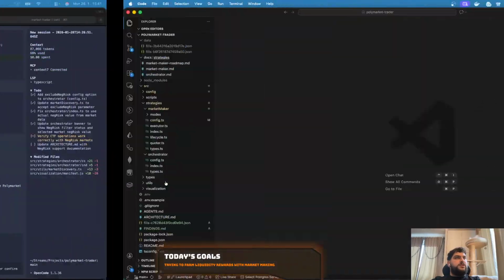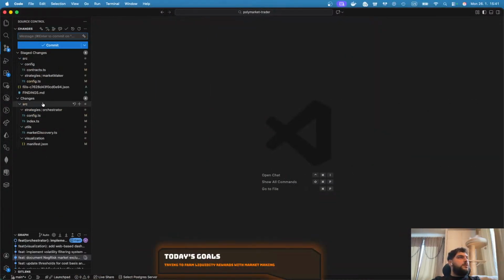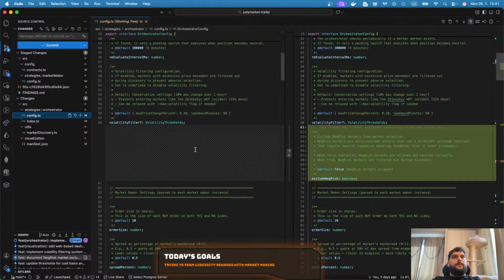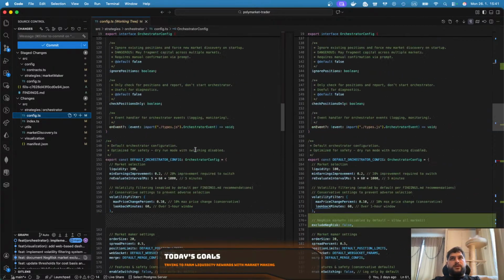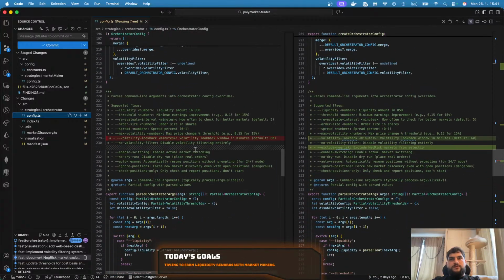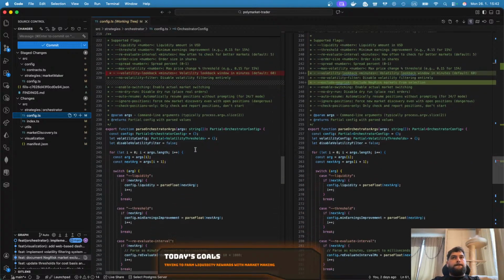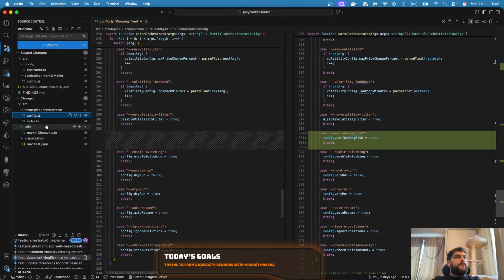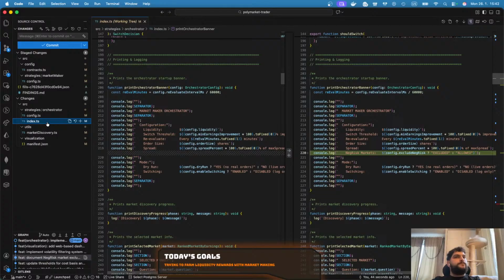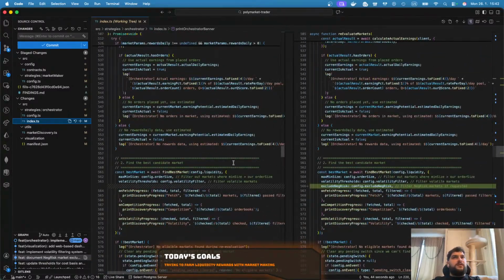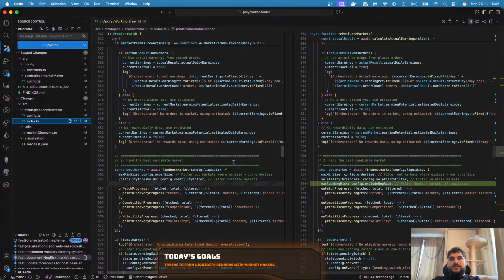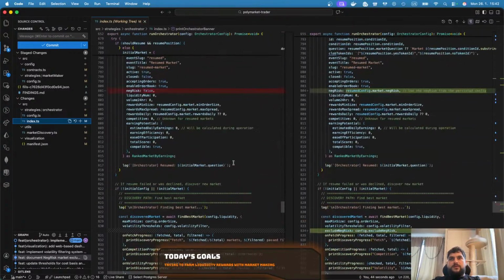Okay, so let's check the updates. It has this new value, exclude neg risks, which is false by default, which is cool. It shows the new value of it and passes it to find best market.